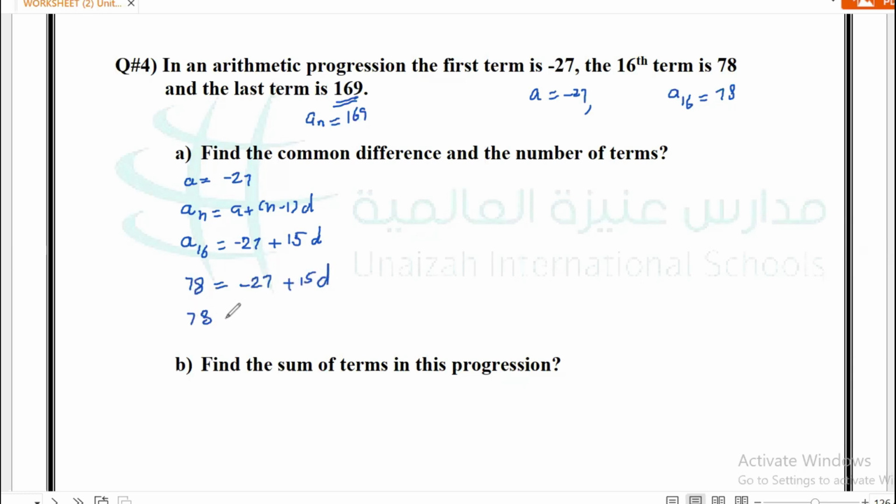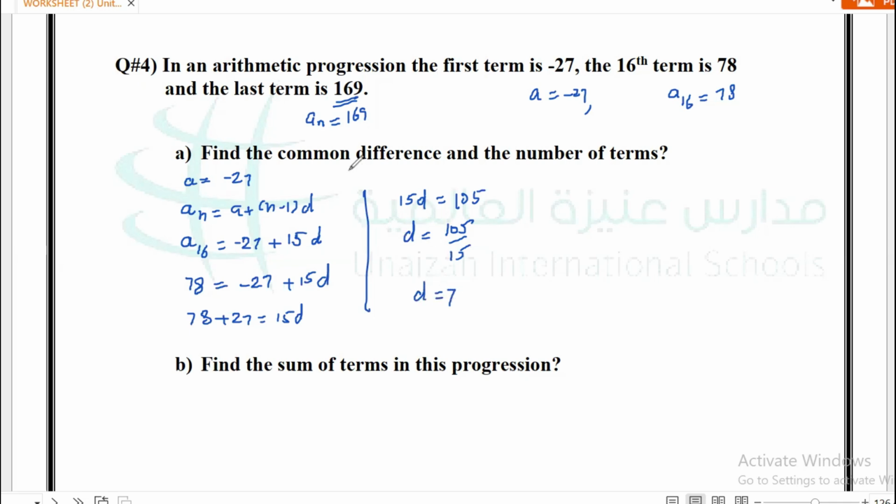So 78 plus 27 is equal to 15D. Next step, 15D is equal to 105, and D is equal to 105 divided by 15. So D is equal to 7.